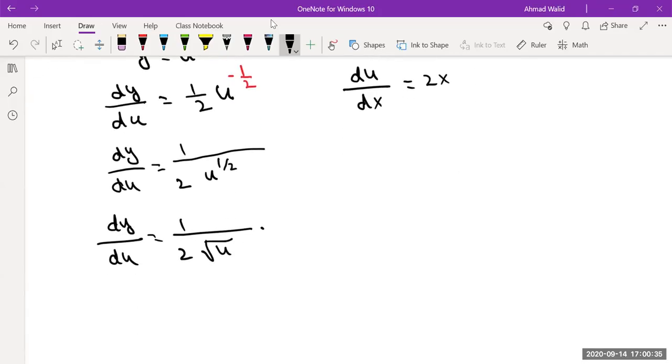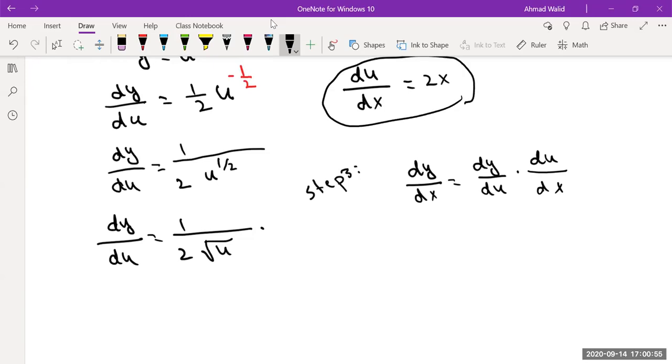Now put pieces together. Step 3. My formula was dy over dx equals dy over du times du over dx. I have du over dx.